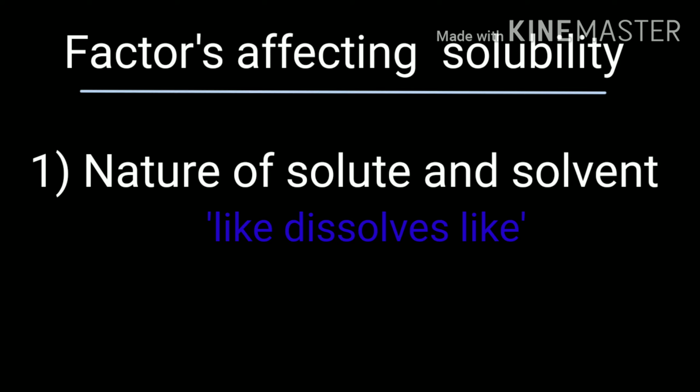If you compare substances which have different chemical properties, then there comes a little problem when it comes to mixing. Now why does this happen? Because substances with similar chemical properties are going to have similar intermolecular forces of attraction. That is why they mix with each other properly.